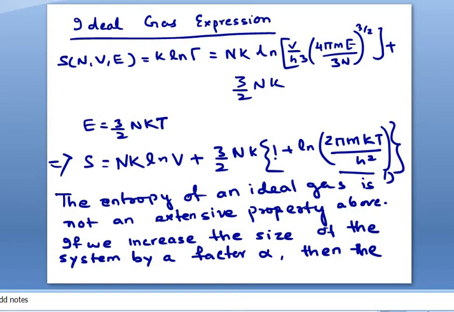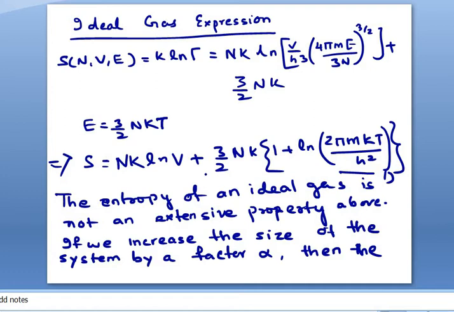Take this 3/2 out, so it will be 1 plus ln, and insert this inside the 4 pi mE by 3N. When you take E equal to 3/2 NkT, N cancels, 3 cancels, and it becomes 2 pi mkT by h square. So this is our new expression. We have rewritten our S equal to k ln gamma expression in this form.